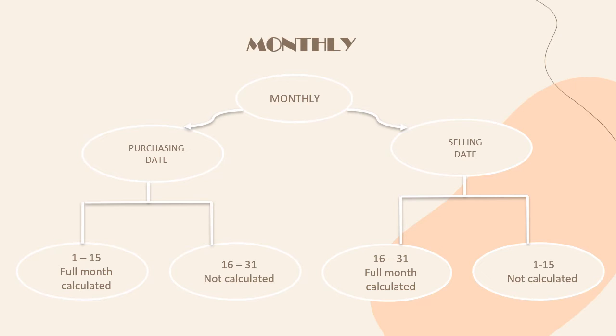If we purchase the fixed asset any date from 1 to 15 in that particular month, we declare a full month depreciation. And if we purchase the fixed asset from the date 16 until 30 or 31, no depreciation is declared in that particular month.